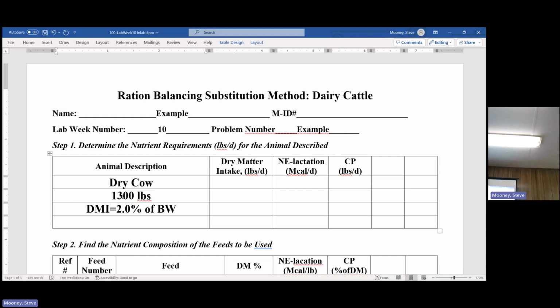So in order to do a substitution ration, we're going to need 3 feeds and 3 requirements. The 3 requirements we're going to do are dry matter intake, net energy lactation, and crude protein pounds that we need. So where are we going to find dry matter intake? Or how are we going to find dry matter intake?